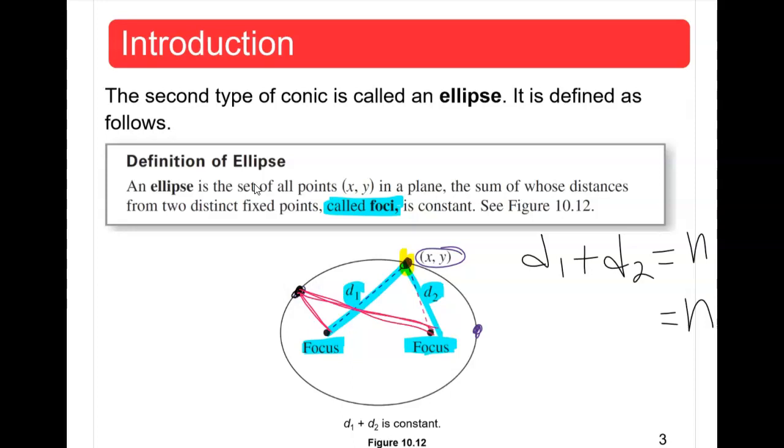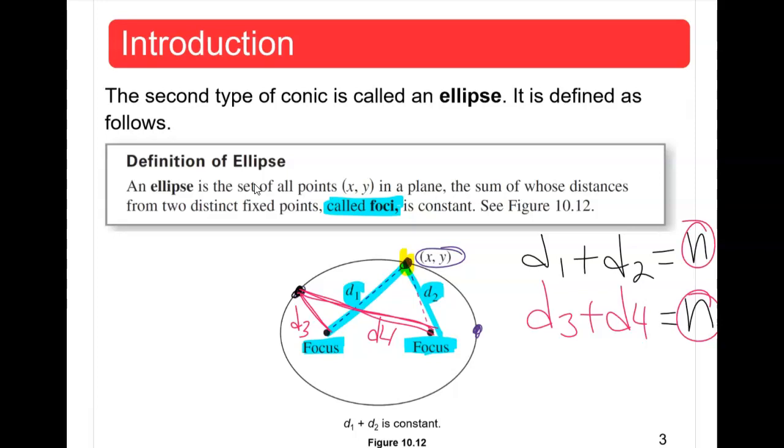Let's call those D3 and D4. If we add D3 plus D4, we will also get the same distance that we got from the other two.